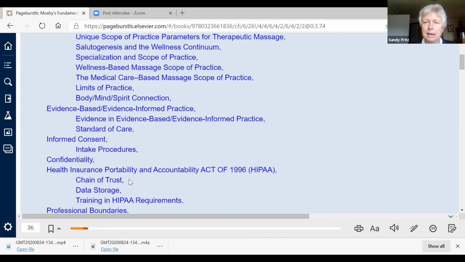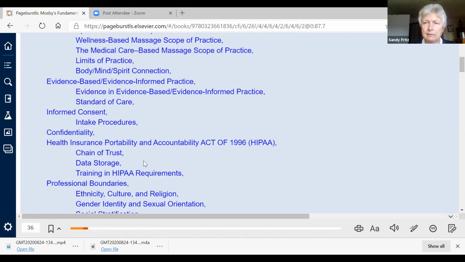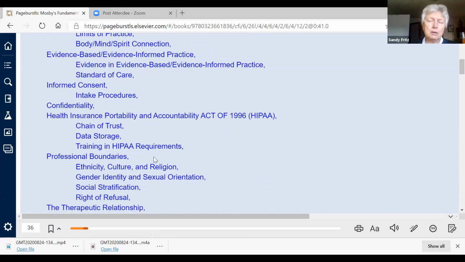How do we adapt to the ethics and the professionalism and the legal issues around that? Our therapeutic relationship, our therapeutic alliance with the client and a client-centered focus, like we looked at in the practice framework.